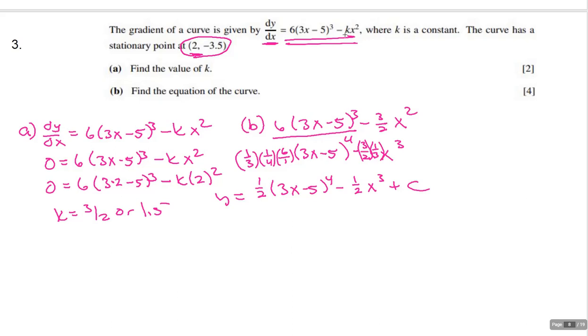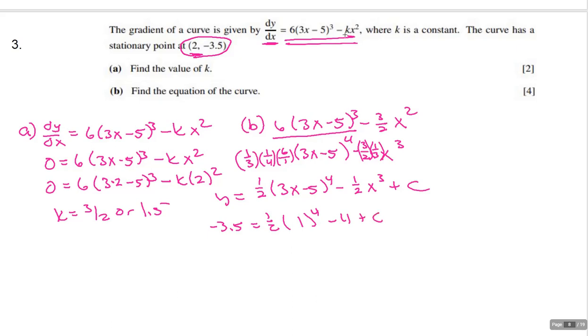Okay, so hopefully you did that, and if you did substitute all that in, you should have found out that c is equal to 0, because this is going to be negative 3.5 equals 1/2 times 3 times 2, which is 6, and the 6 minus 5 is going to be 1 to the 4th, and then we'll put in the 2, so that's going to be 8, so it's going to be minus 4 plus c.